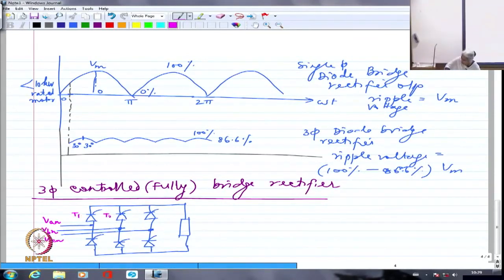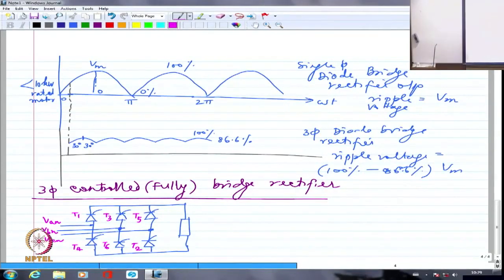You always add 3, that's it, T6, or subtract 3. If I have 1, I will have 4 at the bottom. If I have 3 at the top, 6 at the bottom, and 5 at the top, 2 at the bottom, right. So this is going to be the configuration of a three phase fully controlled bridge rectifier.